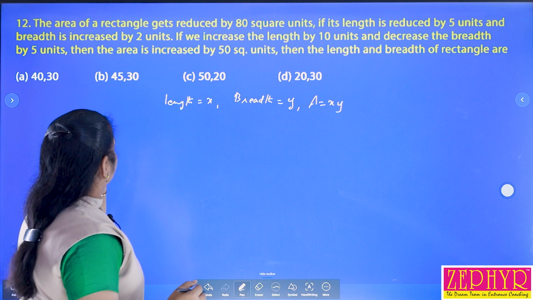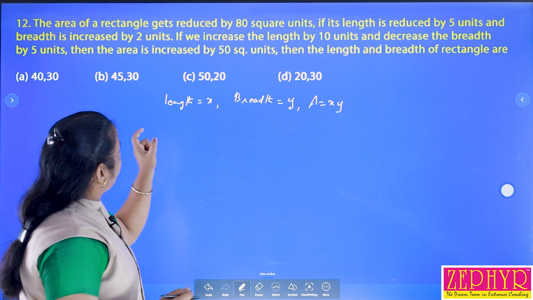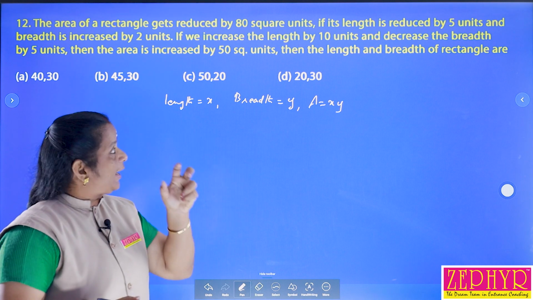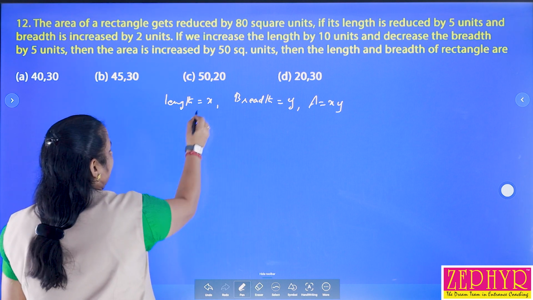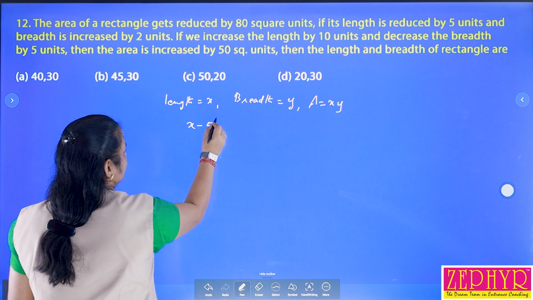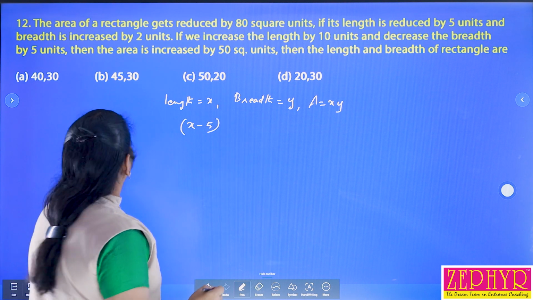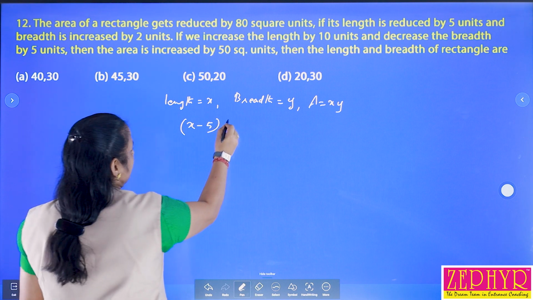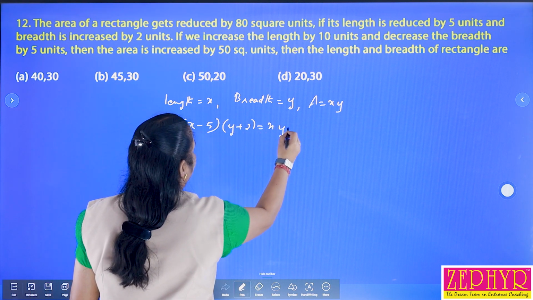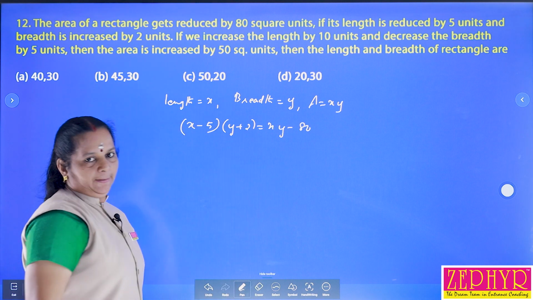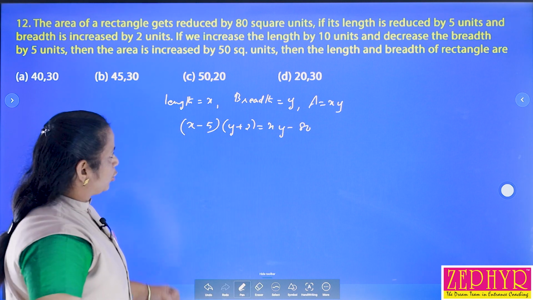In this question the given condition is the area of a rectangle gets reduced by 80 if its length is reduced by 5 and breadth is increased by 2. Did you get it?